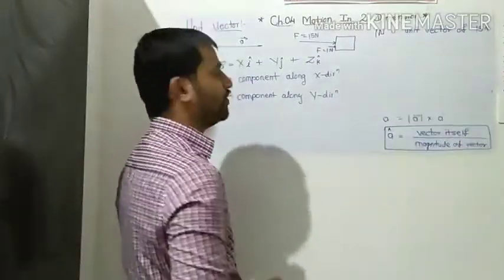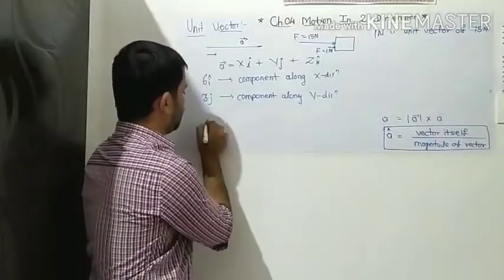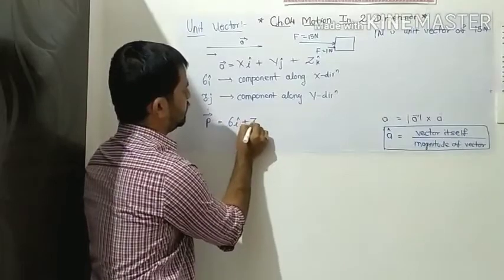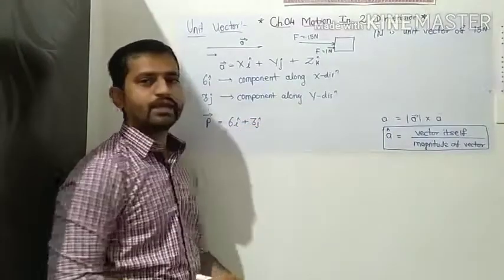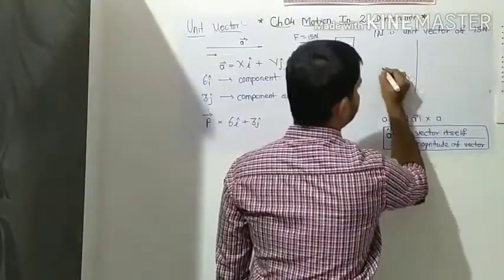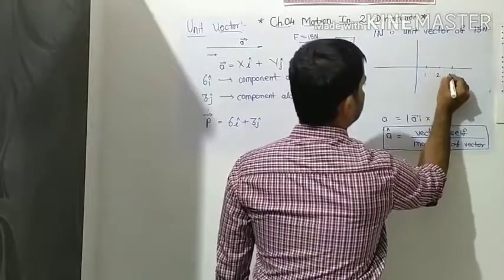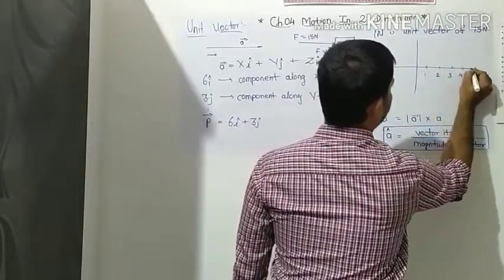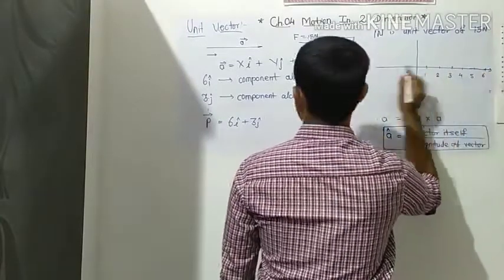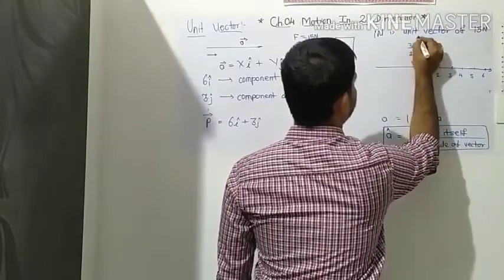Suppose we have to represent this, then how can we represent it? Suppose we have one vector p is equal to 6i cap plus 3j cap, then how can we represent this? For that purpose we have to go for the Cartesian. In that case, it is 1, 2, 3, 4, 5 and 6. Then it is 3j, so 1, 2, 3.